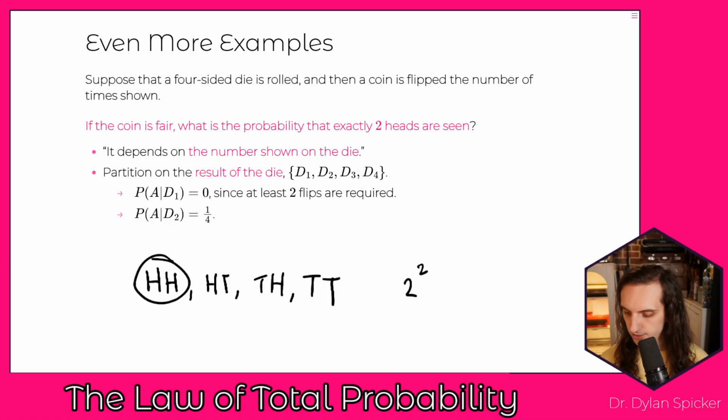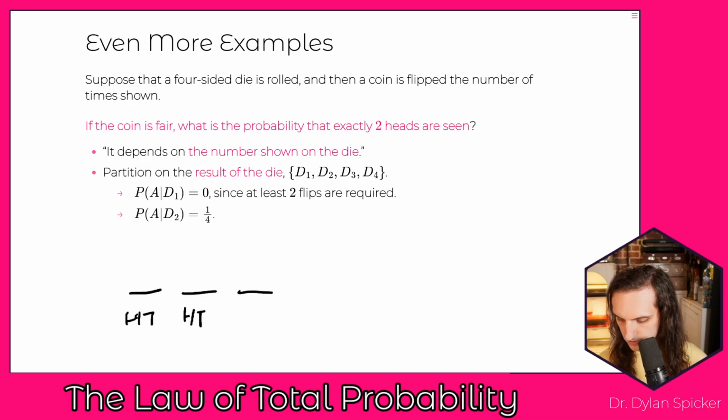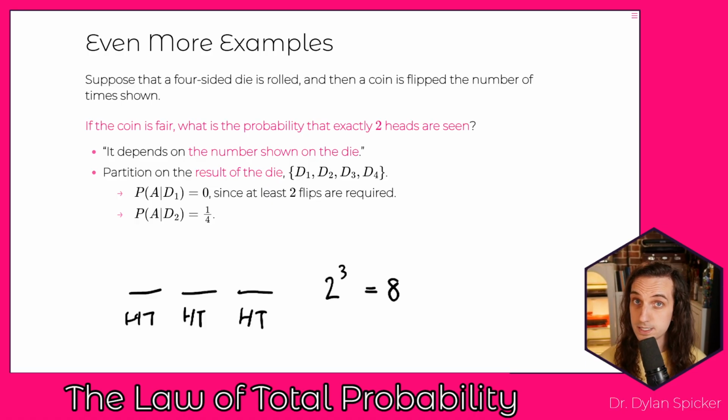Now, what about if we roll a 3? How can we work this out? Then we have 3 slots, each of which can be heads or tails, so we have 2 to the power of 3 equals 8 total sequences of coin flips. We want 2 of them to be heads, so we have to choose 2 of these 3 slots.